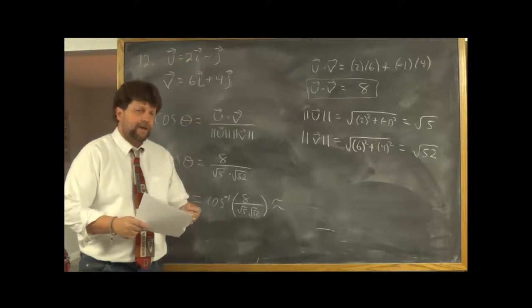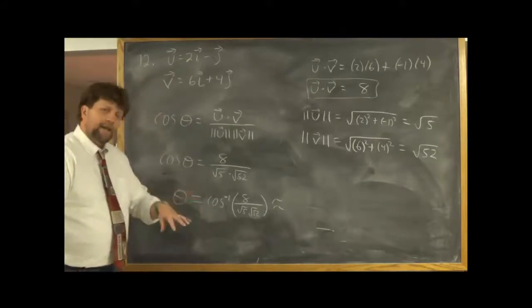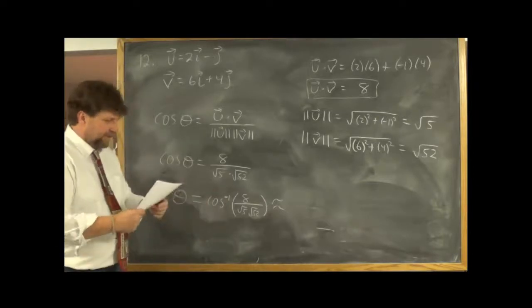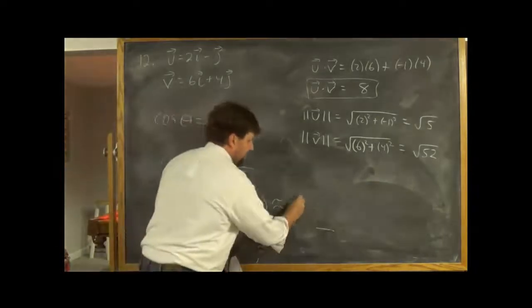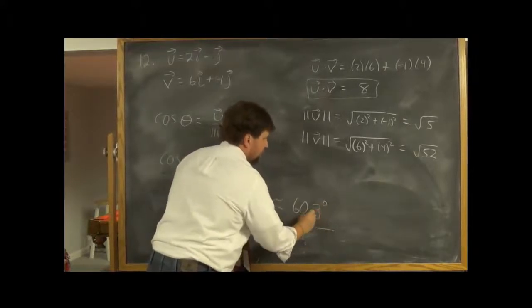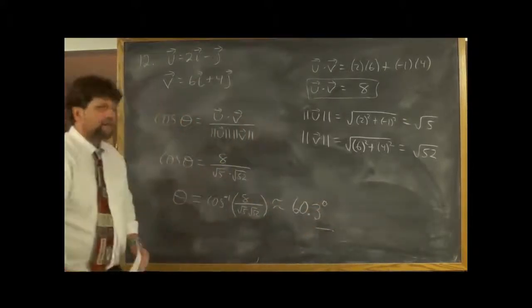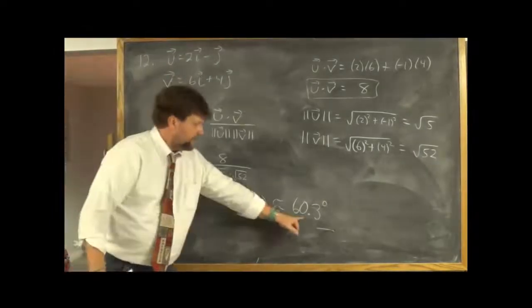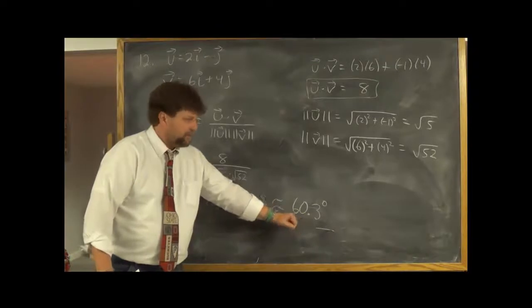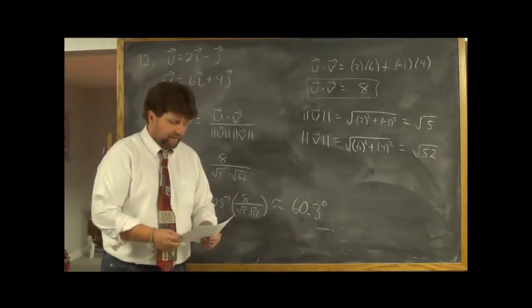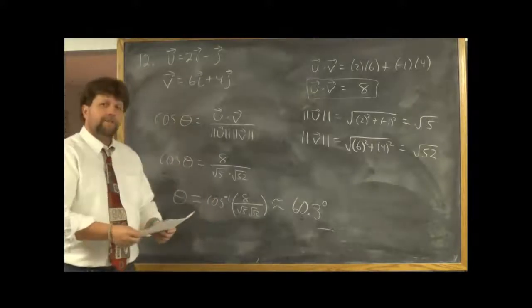Let's get a degree measure. So I put my calculator in degree mode. I do inverse cosine of this mess, and I get the angle between the two vectors to be pretty close to 60.3 degrees. So hopefully that's what you ended up with for an answer, pretty close to 60.3 degrees. And that's it for number 12.